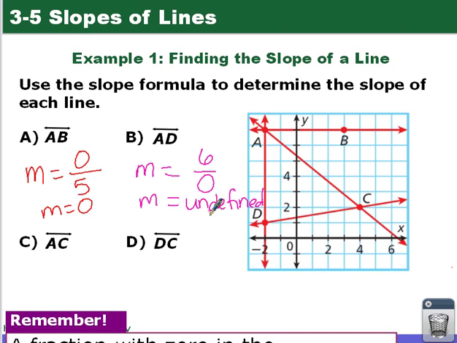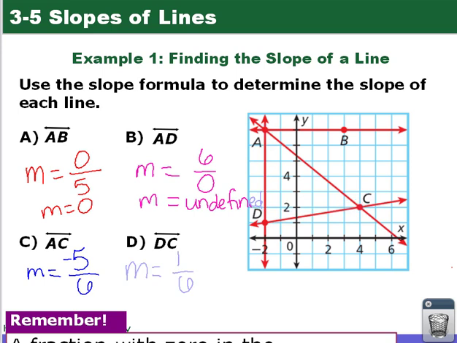Our next problem, find the slope of line AC. So for the slope of line AC, we have point A up here, point C is here. Looking at this, we start at A, we go down, we rose -5, so we put -5 in the numerator, but then we ran a +6, so it's a negative slope, -5 over 6.